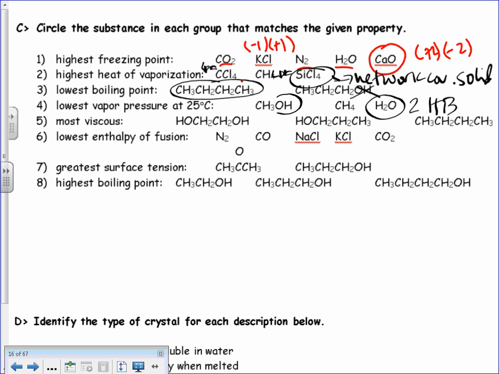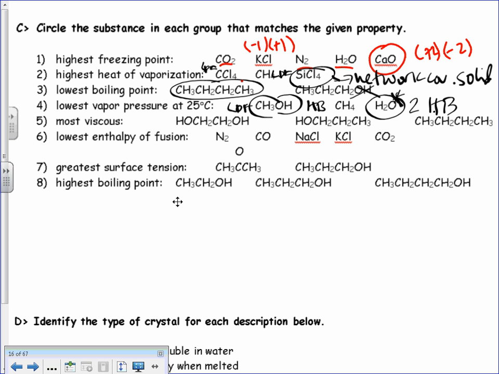This one only really has 1 location, because it's 1 OH bond, versus this one with 2 OH bonds. This one has London dispersion on this side and hydrogen bonding on this side, but this one is better. We all know methane's out as London dispersion. So water is the best one here.